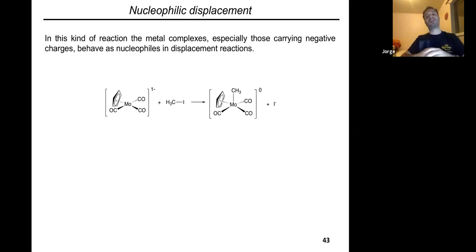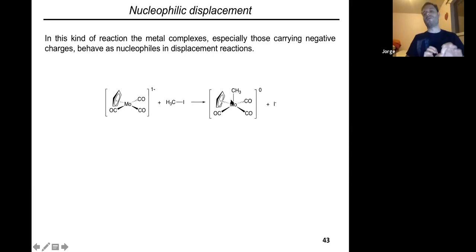That means it can act as a nucleophile and can expand the coordination sphere. So it's like this pair of electrons attacks the CH3I, kicks out the iodide and coordinates the CH3.